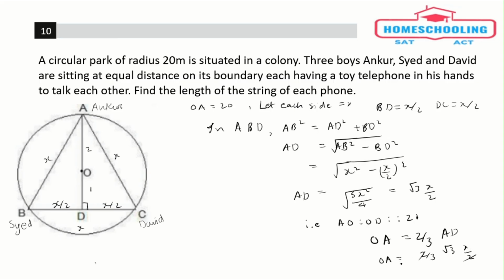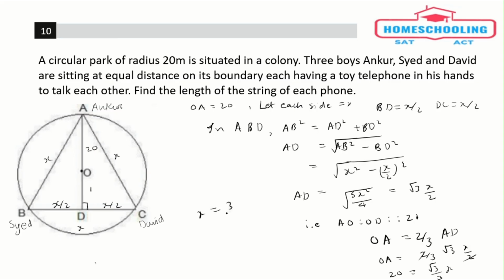As we know, OA is the radius, that is 20. So 20 is equal to root 3/3 into x. Hence let's find what x is going to be.